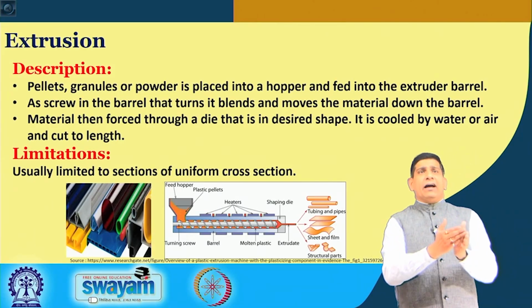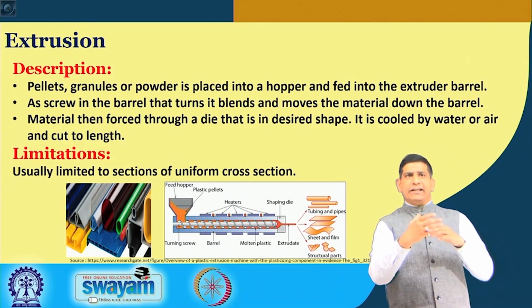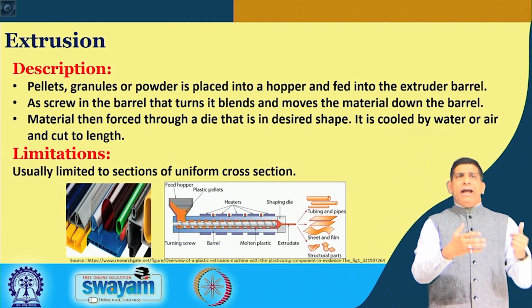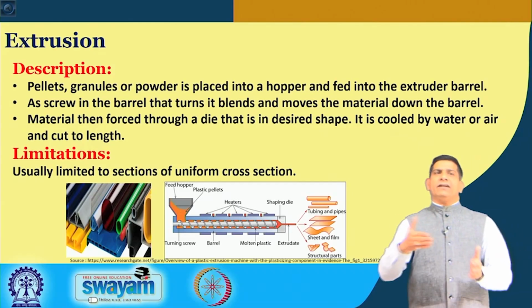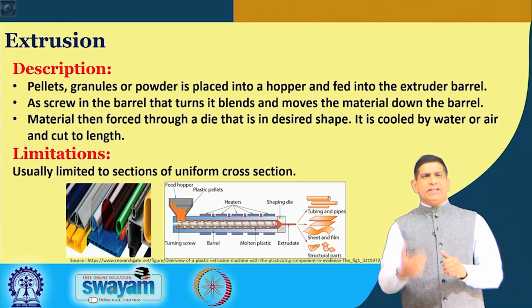The material then flows through a die, where it is put into the desired shape, and it is cooled by water or air, and then cut into different lengths. As you can see, it can be tubing or piping or sheets or film.